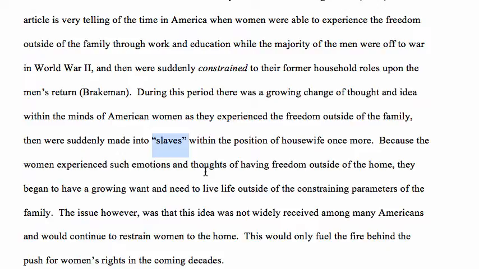How do they enhance our understanding of the artifact? What interpretive opportunities do they open for us? So they're not literally slaves, but the way women are treated in post World War II homes makes them feel like slaves. And that's the unpacking that Rachel does so nicely here as she wraps up her paragraph.